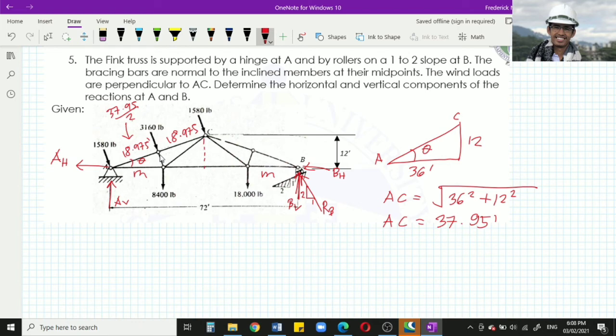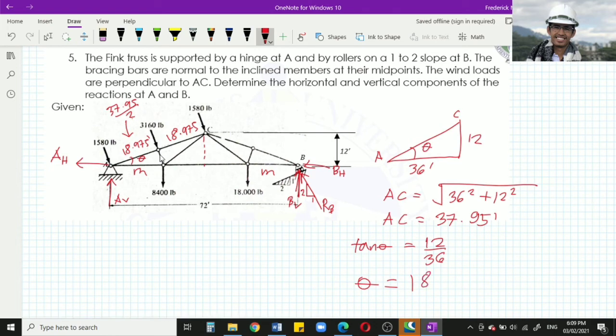Opposite over hypotenuse. Pwede natin gamitin yung sine or yung tangent. So tangent na lang. So that will be tan theta is equal to 12 over 36. So theta will be equal to 18.43 degrees.